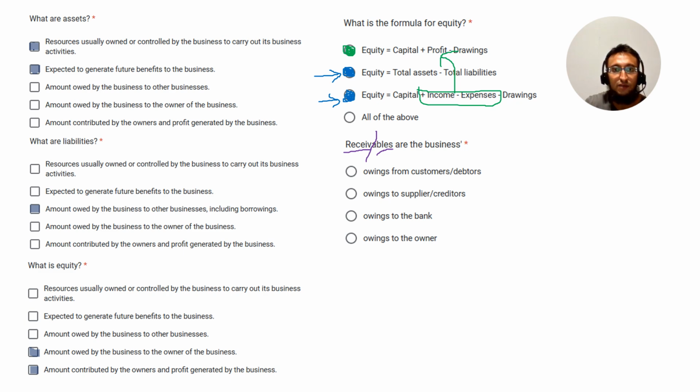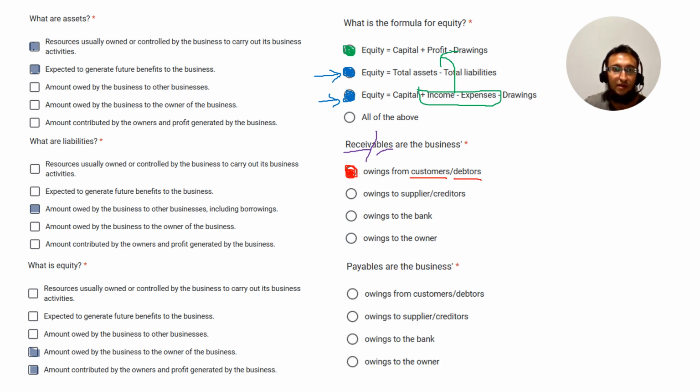All right, so if you look at the options here, the only one that seems to resonate with the meaning of receivable will be potential benefit that the business will get from customers or from people who owe the business money, also known as debtors.